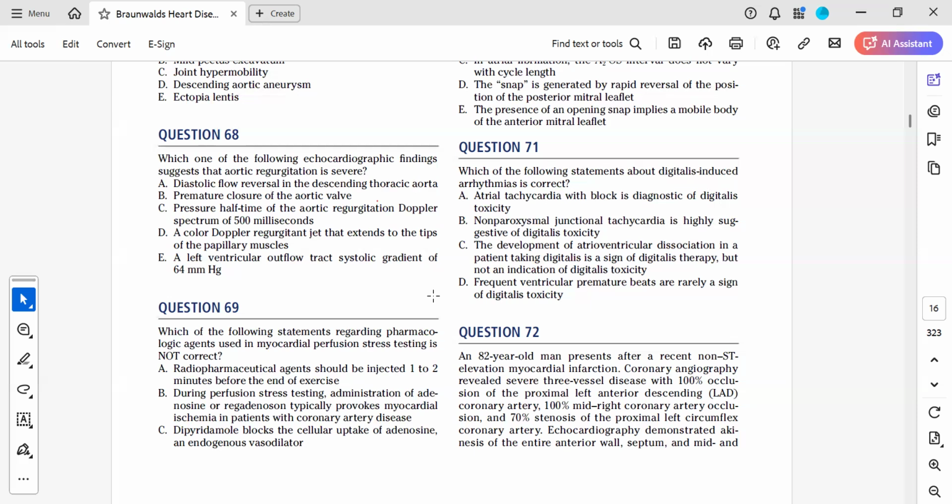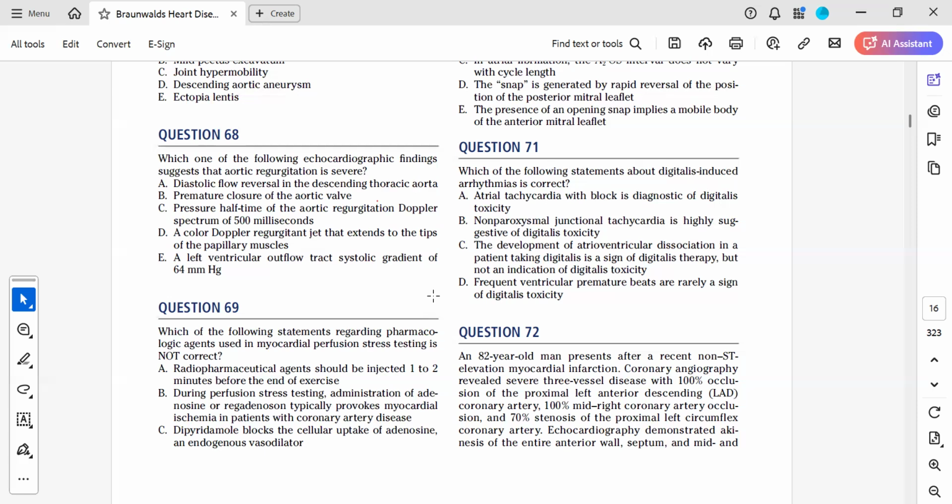An 82-year-old man presents after a recent non-STEMI. Coronary angiography revealed severe three-vessel disease with 100% occlusion of the proximal left anterior descending coronary artery. In addition to that, we also have 100% mid-right coronary artery occlusion.